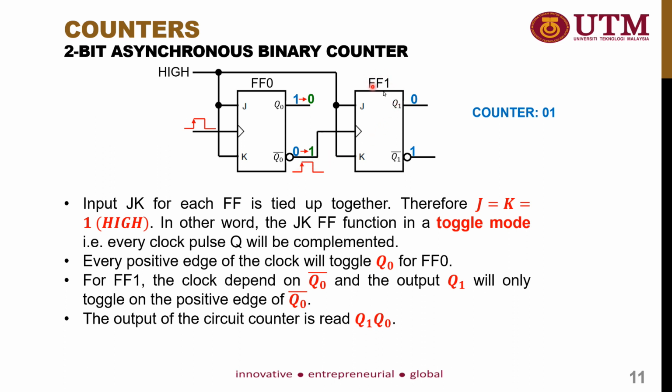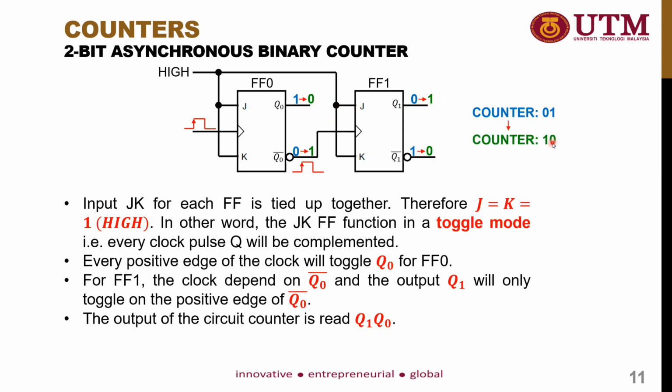So flip-flop 1 will recognize the rising edge and toggle its output. So 0 will be converted into 1, and 1 will become 0. So the next counter state will become 1, 0.